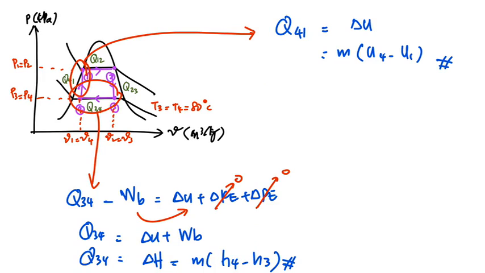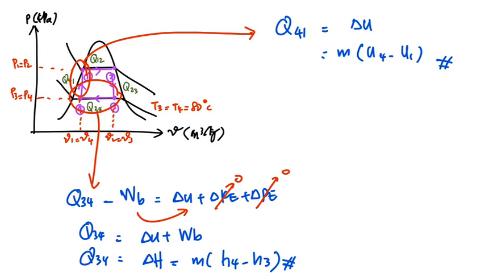Okay, lastly, for process 3 to 4 and 4 to 1, the same steps of calculation as in the previous slide apply. Process 3 to 4 is isothermal compression, and it is also an isobaric process, because you can see here the pressure at state 3 equals the pressure at state 4.